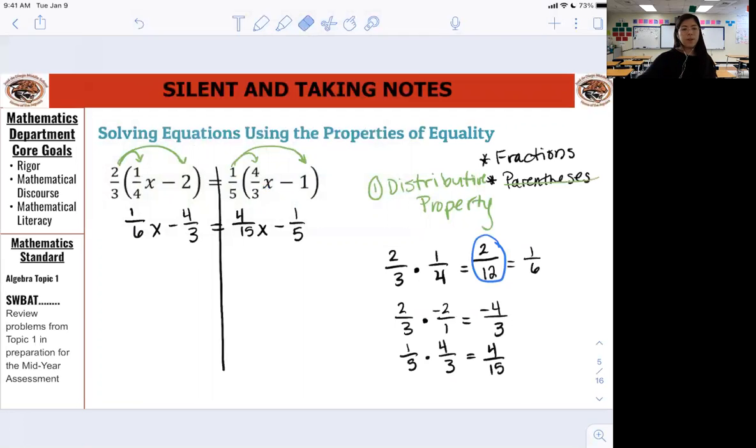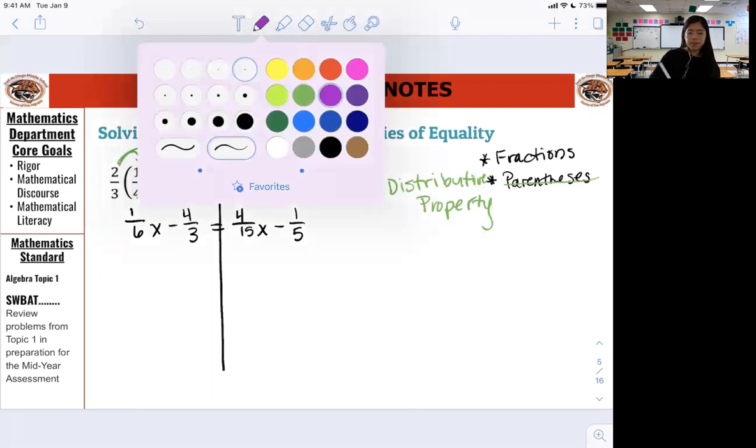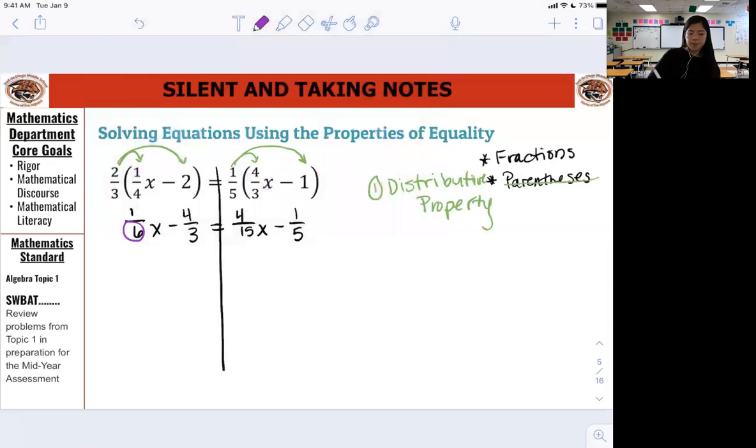What do you usually want to multiply by in order to get rid of those fractions? The denominator, right? But take a look, I have a bunch of different denominators. I have a 6, a 3, a 15, and a 5. And they're all different. So does anybody remember what you need to do when all of your denominators are different numbers?